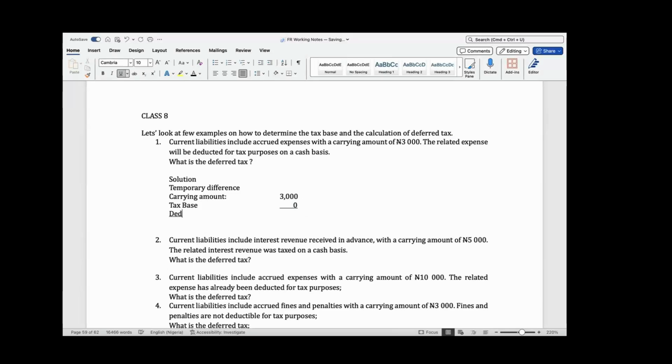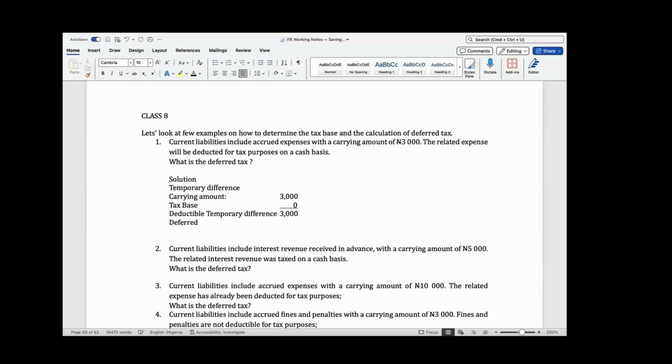So these differences as it were today will result in us having a deduction. So it is a deductible temporary difference of 3,000. And that will result in a deferred tax asset, which is computed as 30% times 3,000, which will give us 900. And that's our deferred tax asset.